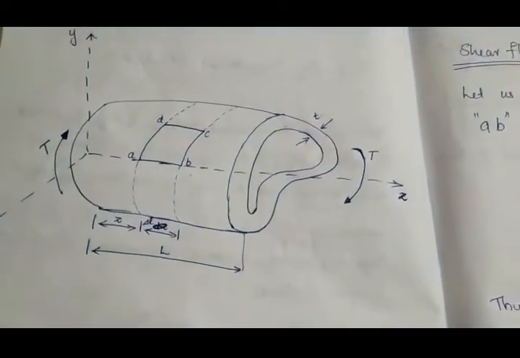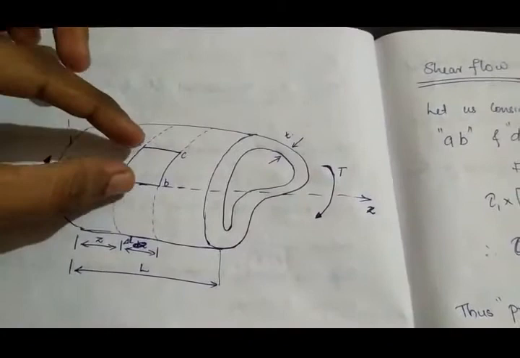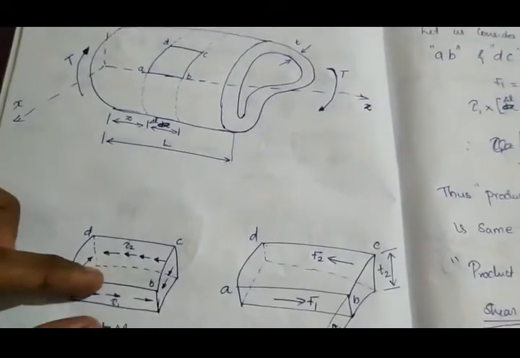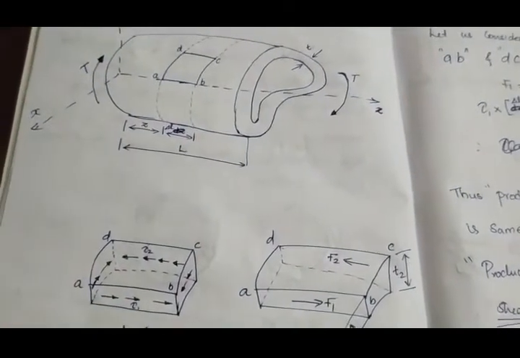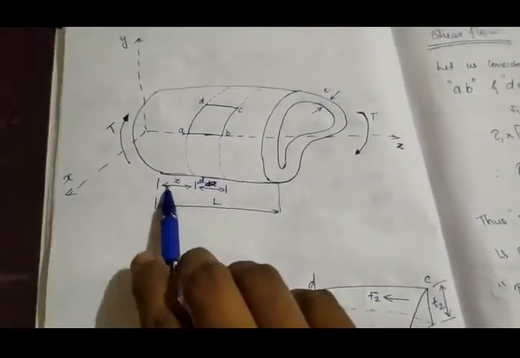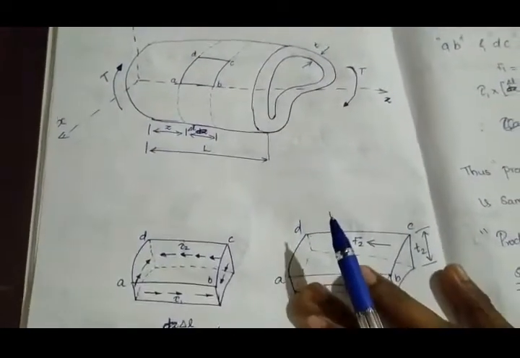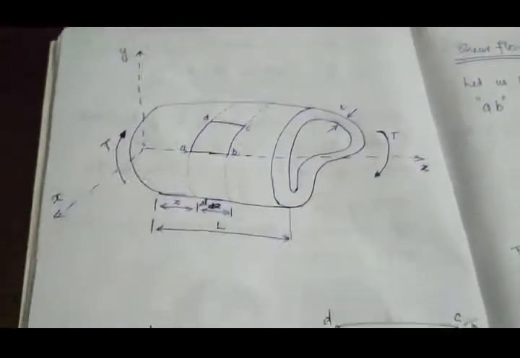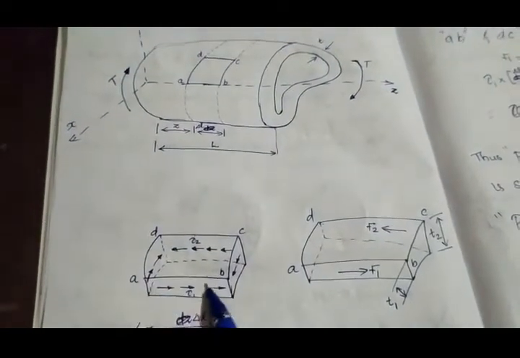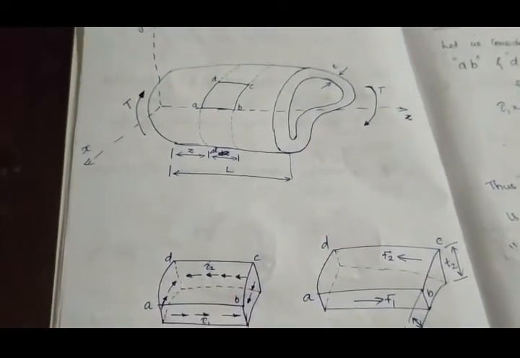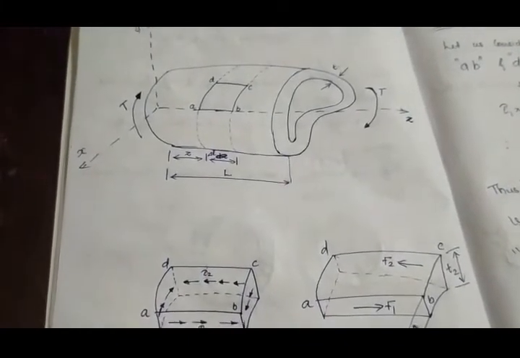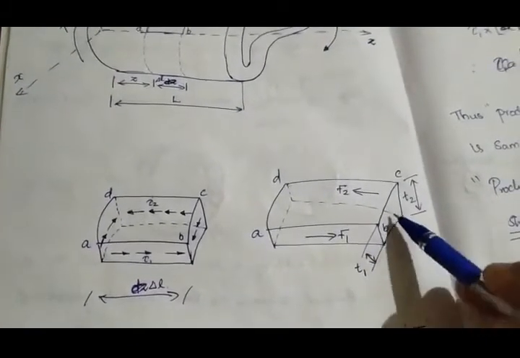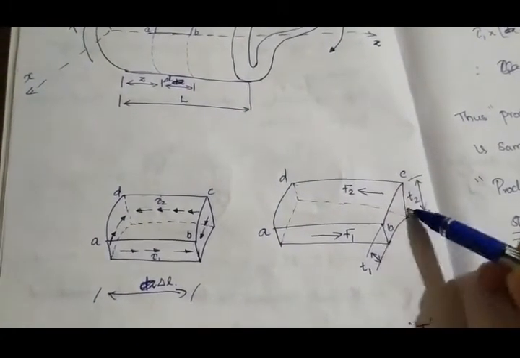If you take out a small element from here and project it here, the total length of this shaft is L, and now you can analyze a small element, that is A, B, C, D. This length is delta L.